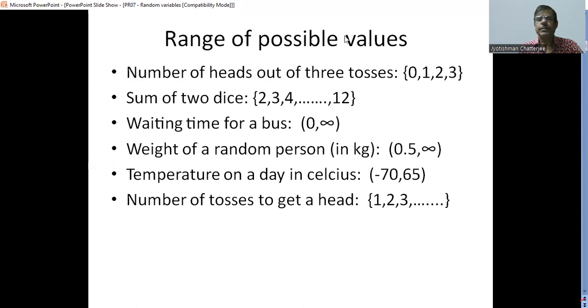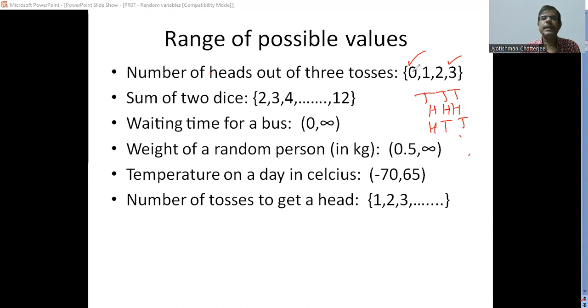Range of possible values. Every random variable has a range of possible values. For example, when we count the number of heads out of 3 tosses, what are the possible values? It may be 0 if the outcome is TTT, or it may be 3 if the outcome is HHH, or it may be 1, for example, if it is HTT, and so on.